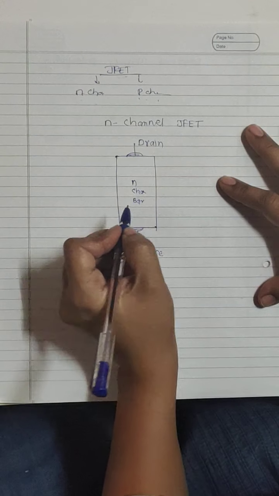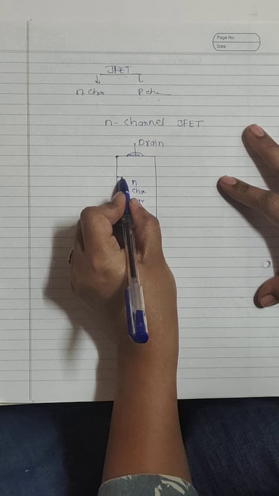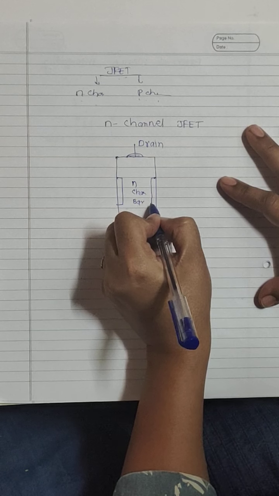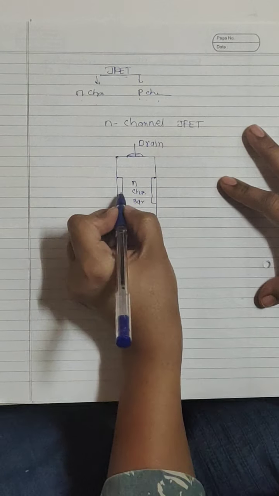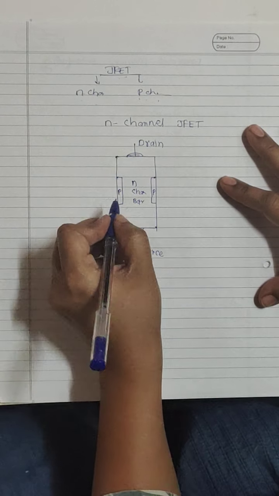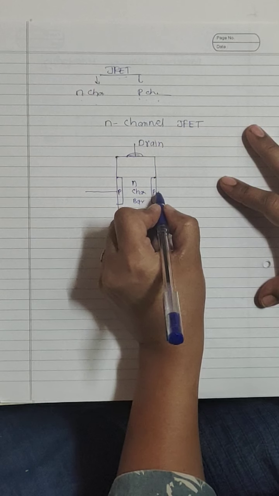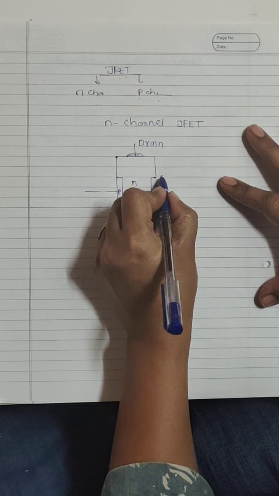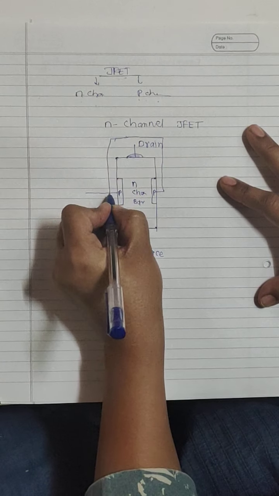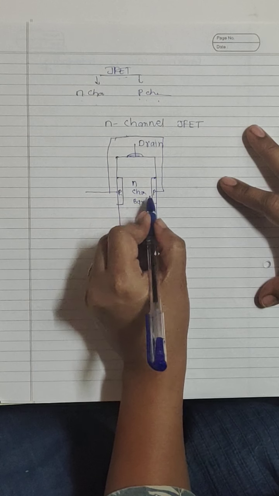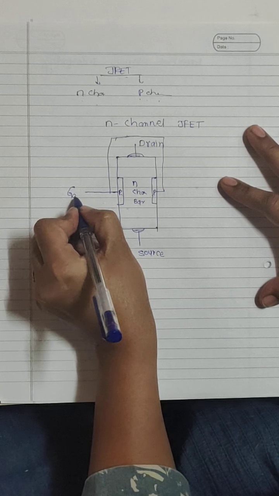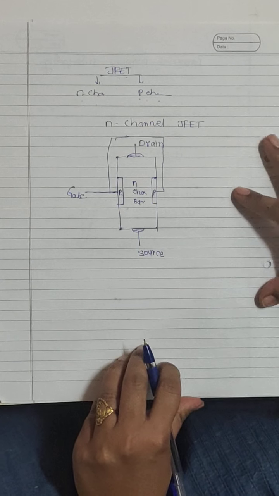After that, in this N-type semiconductor bar, two P regions are generated in the middle of the bar. These are the two P regions in this fashion. These two P regions are internally connected with each other, and one terminal is taken out, which is called the gate terminal.